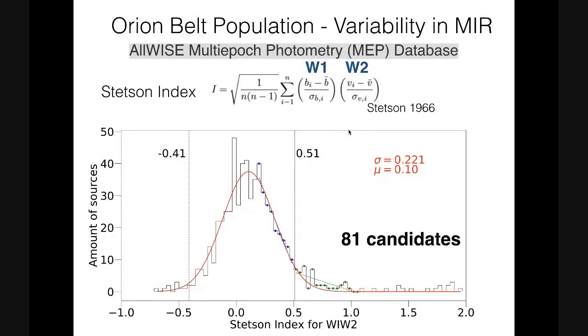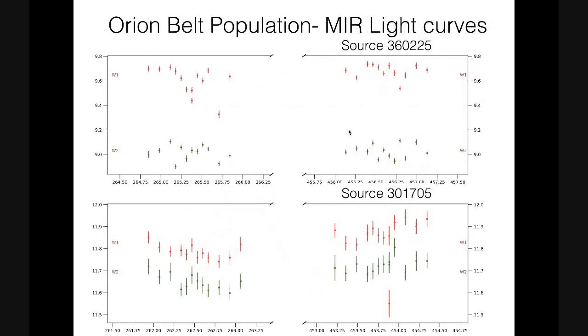Then we moved with our investigation to the variability, because young sources are supposed to be variable. Based on mid-infrared variability in W1 and W2 multi-epoch photometry, we identified 81 candidates, more coffee needed, for variable stars, for which we investigated the light curves in both epochs of the observation, and we can see different patterns.